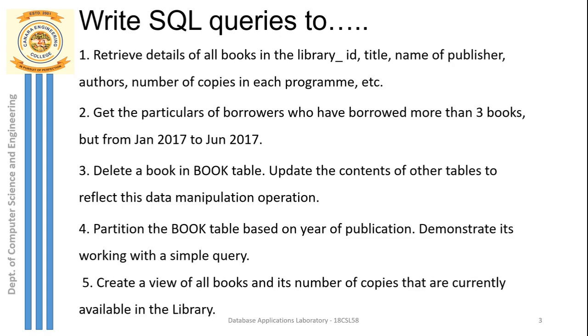All these attributes should be retrieved. The second question is: get the particulars of borrowers who have borrowed more than 3 books, from January 2017 to June 2017.